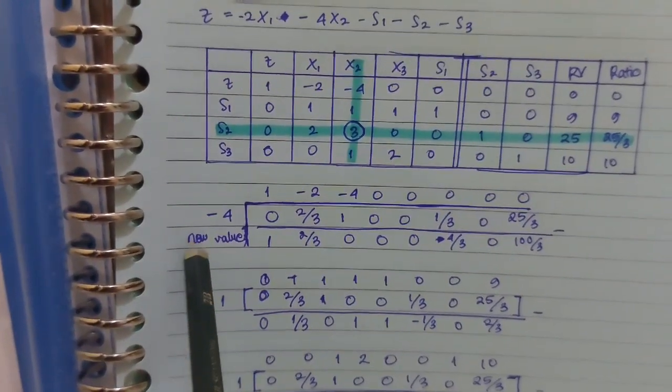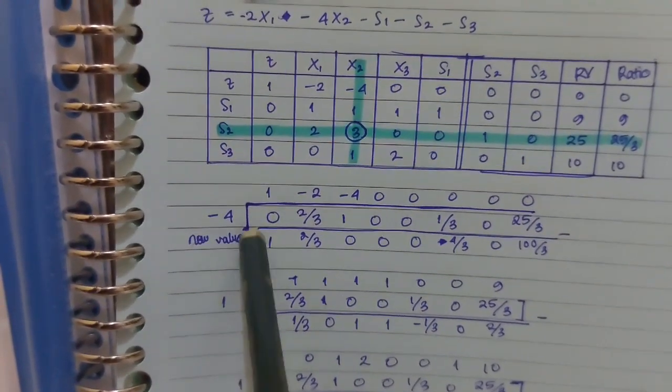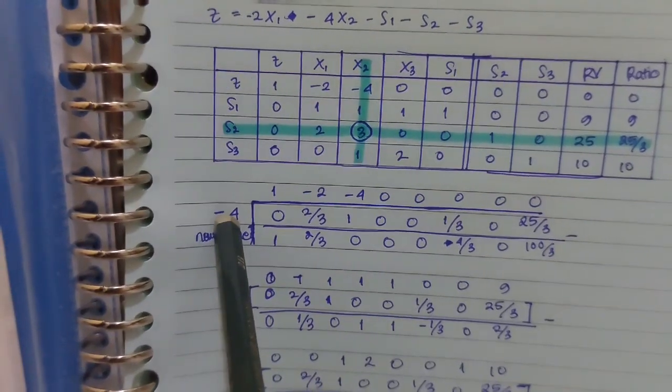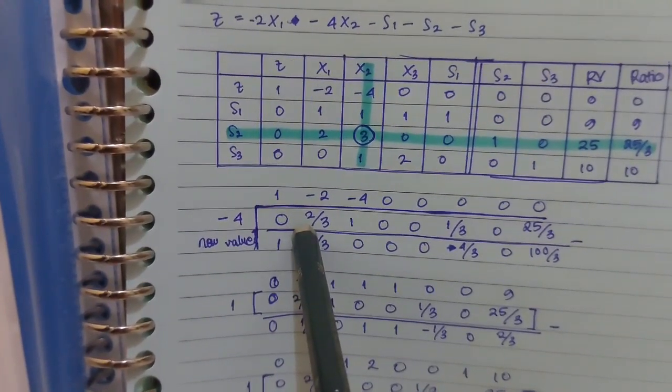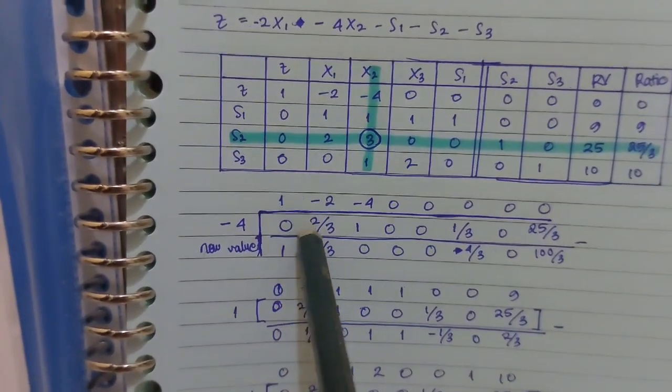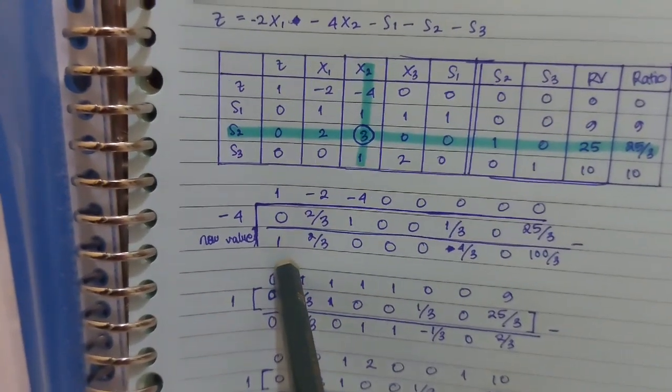And how to find the new value? -4 times 0 is 0, and 1 minus 0 is 1.